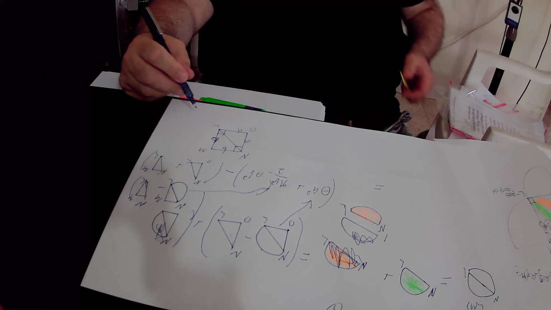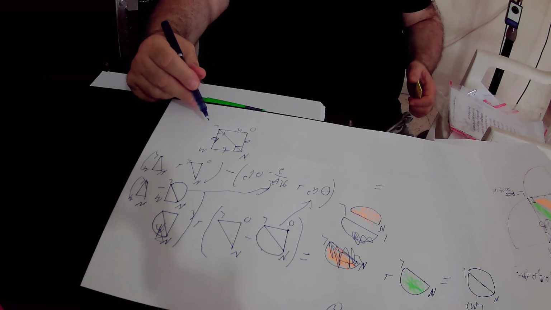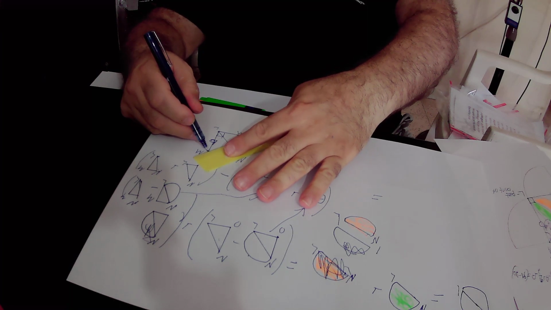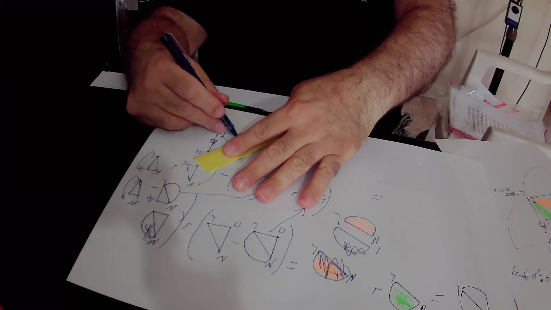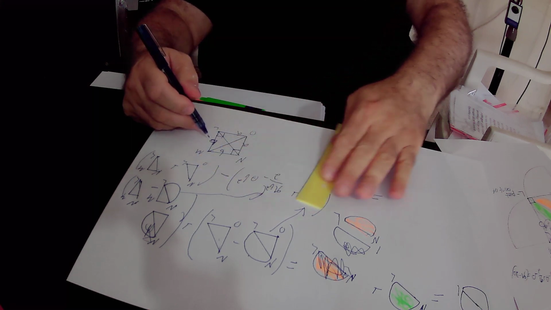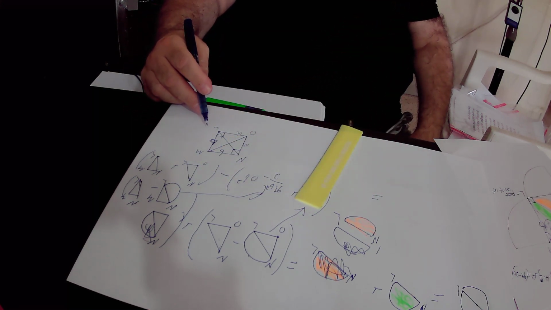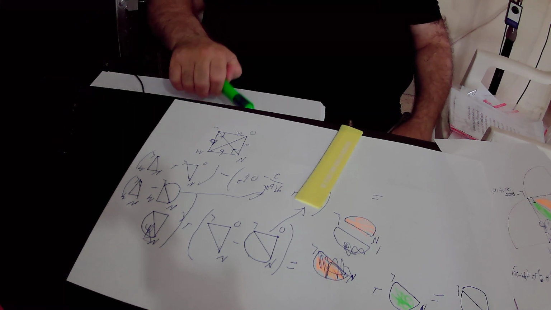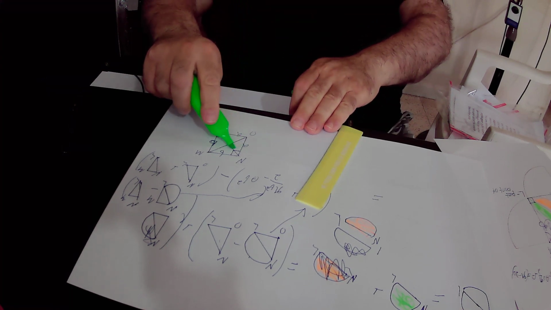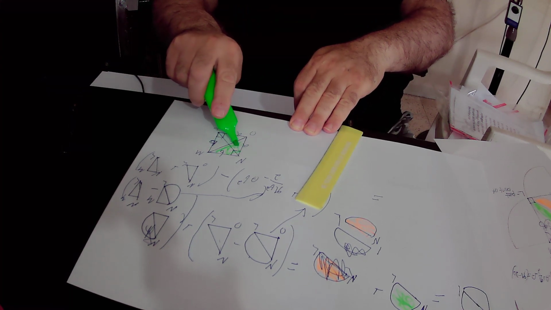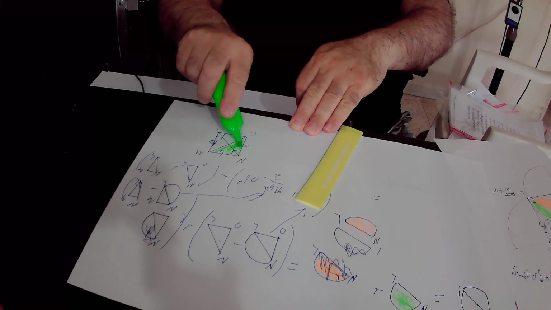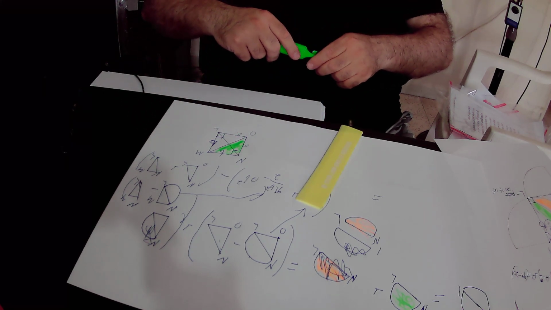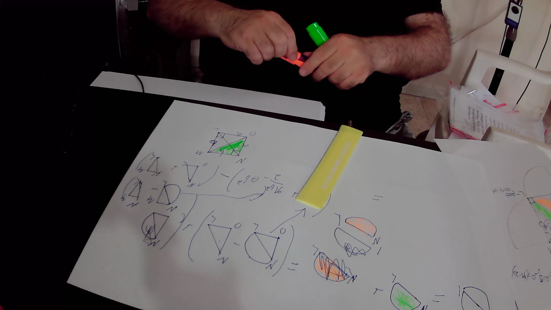In the next step, we'll join points O and M together by a straight line. By joining points O and M by a straight line, we created here two right triangles. So we'll find out the area of those two right triangles, we will add the two areas together, and this will be the sum of the areas of the two original triangles. Okay.